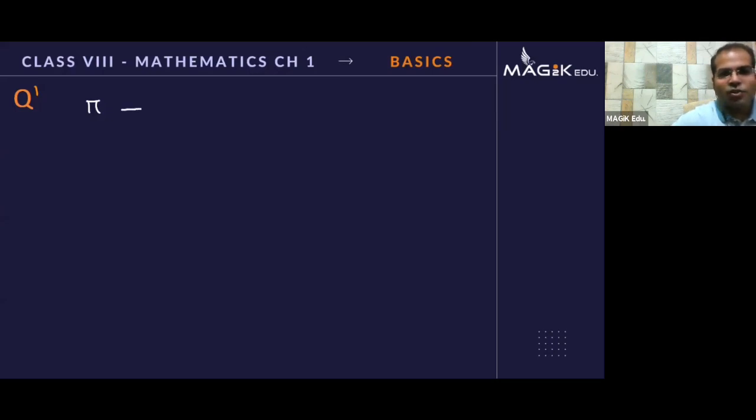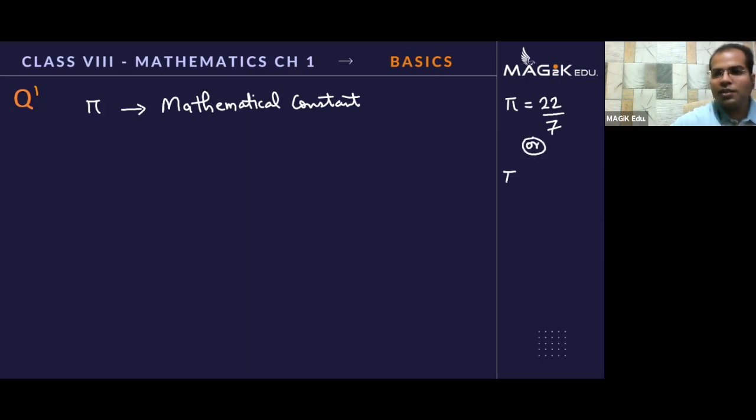Pi is known as a mathematical constant. और आपके कुछ टीचर्स ने इसको आपको छोटे स्टैंडर्ड्स में यूज करने को भी सिखाया था. लाइक पाई इज इक्वल्स टू 22/7 और पाई इज इक्वल्स टू 3.14. लेट्स अंडरस्टैंड कि ये ट्रू है कि फॉल्स है.